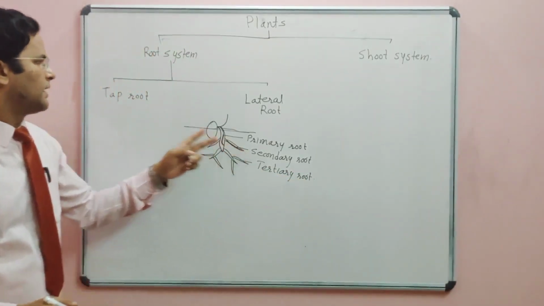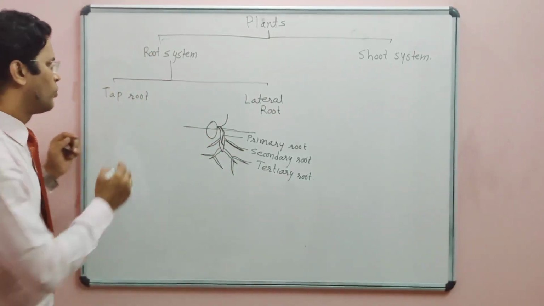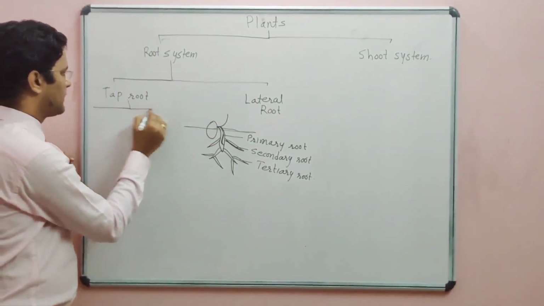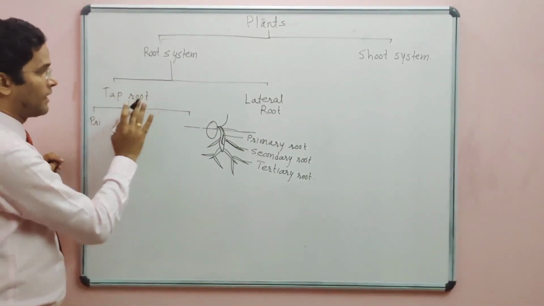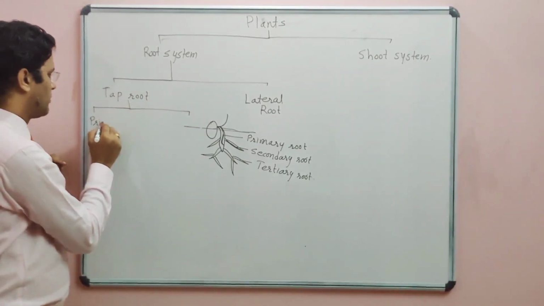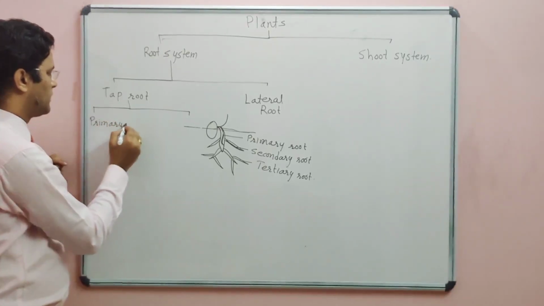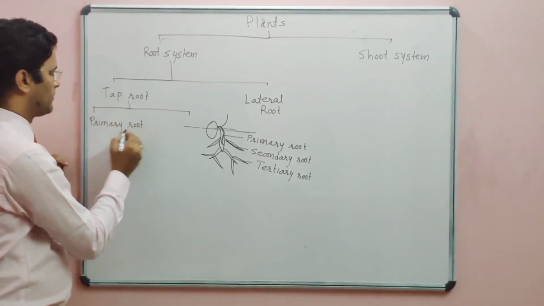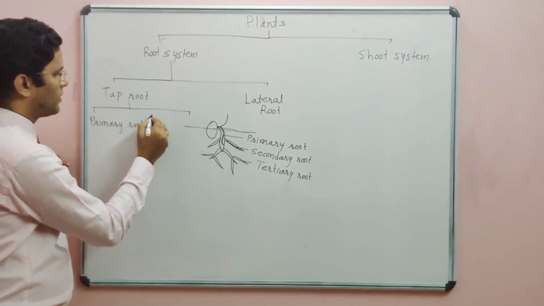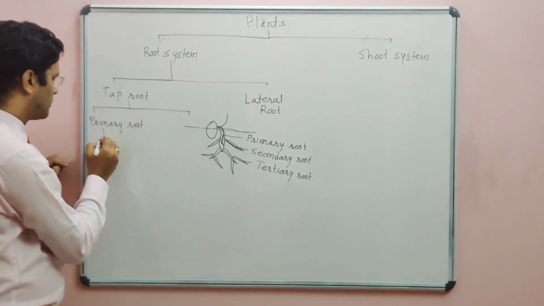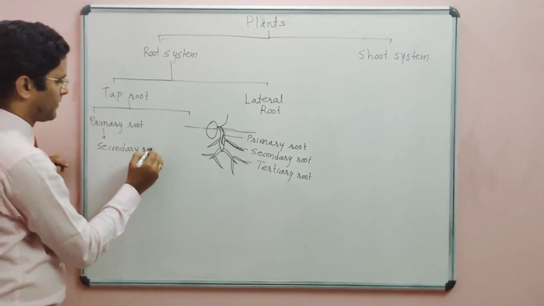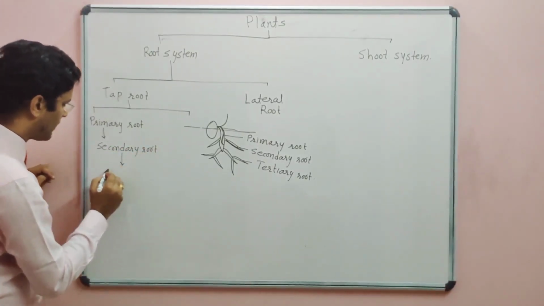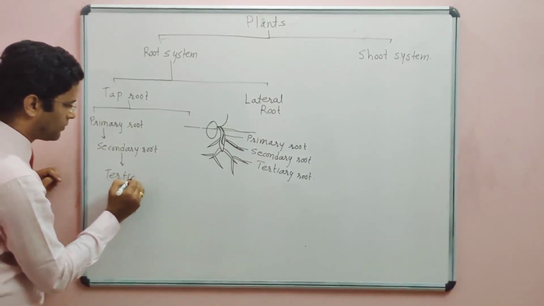Okay, so taproot are of three types. We can directly write primary. It is divided into three parts: primary root, then the primary root is again divided into secondary root, and secondary root again divided into tertiary root.